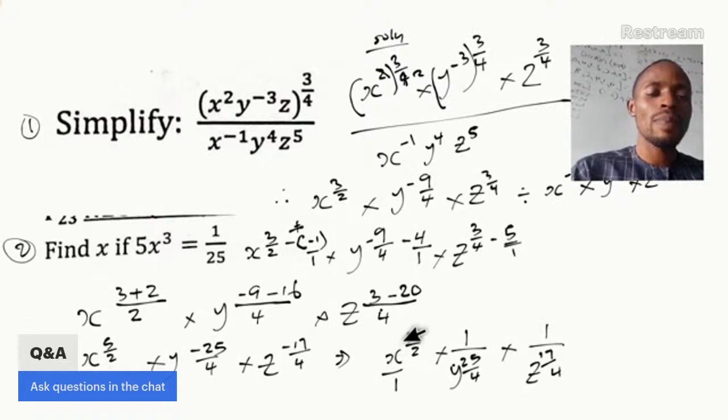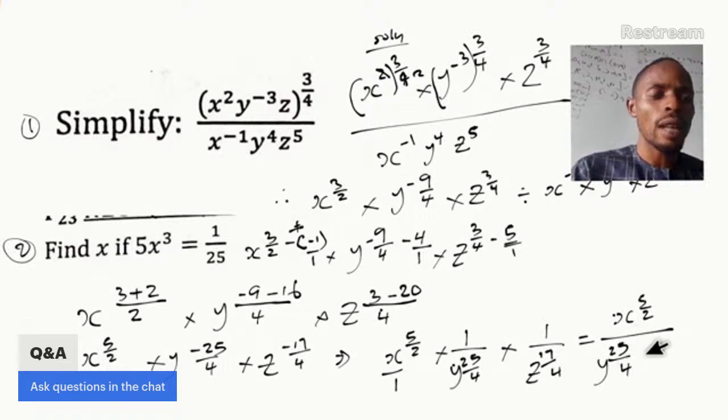So s to the power of 5 over 2 times 1 times this, that will give us s to the power of 5 over 2 divided by y to the power of 25 over 4 and z to the power of 17 over 4. So now the solution to this question is equal to this.